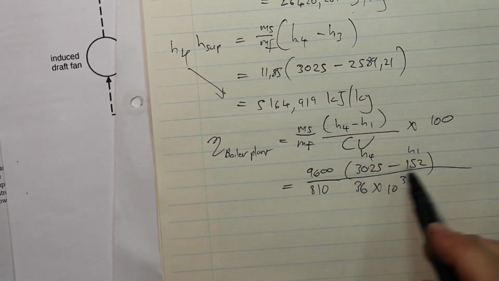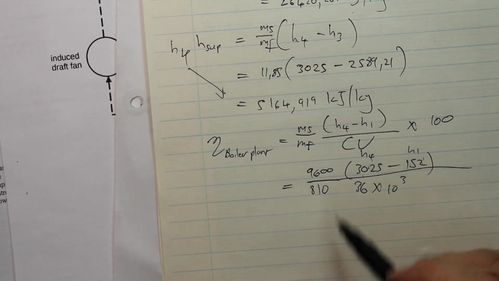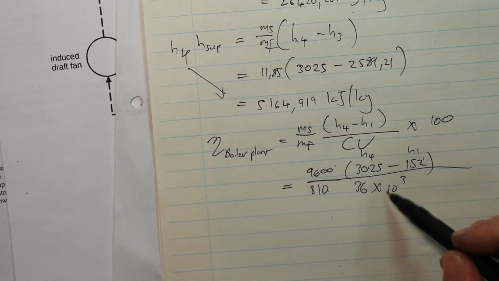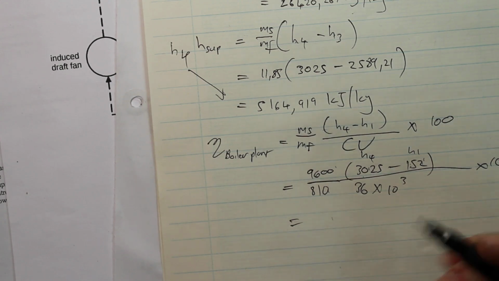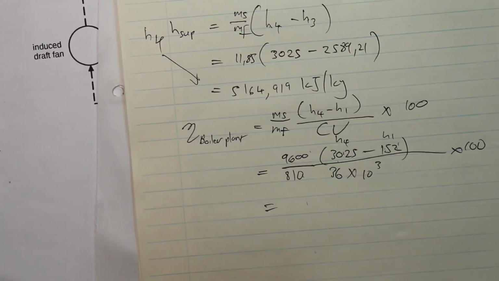Okay, why to the 3? Because those are in kilojoules per kilogram. So we say 36 times 10 to the 3 times 100, and we get the efficiency. All right. So I hope that helps.